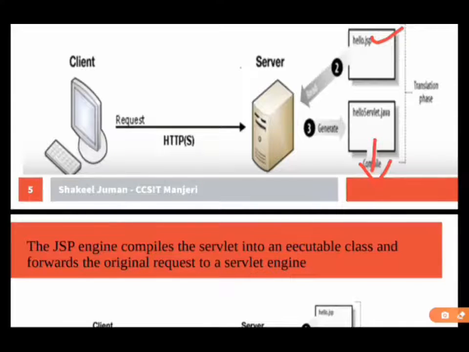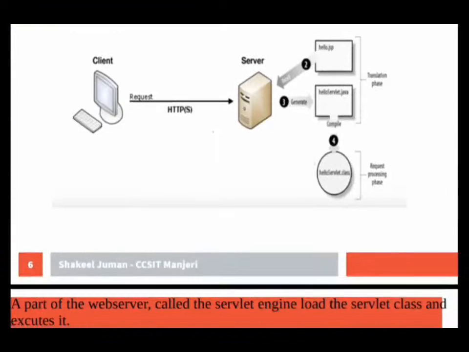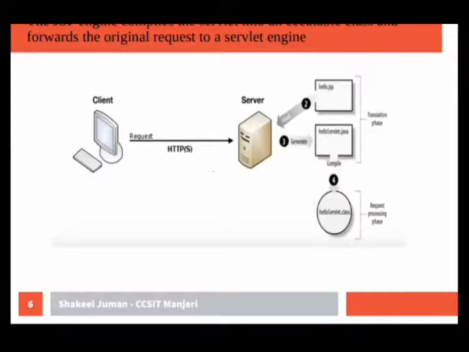Then we have the file called hello servlet.java. And then we have the file called hello servlet.class. You can see it on the next page. That means the servlet file is converted into the class file.